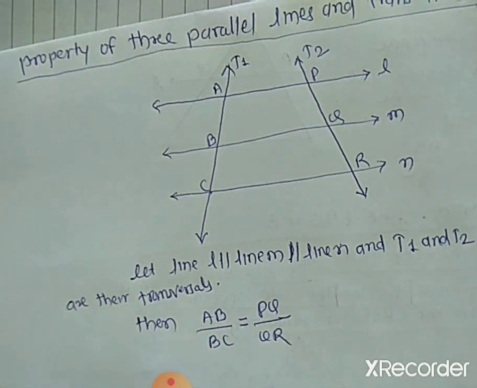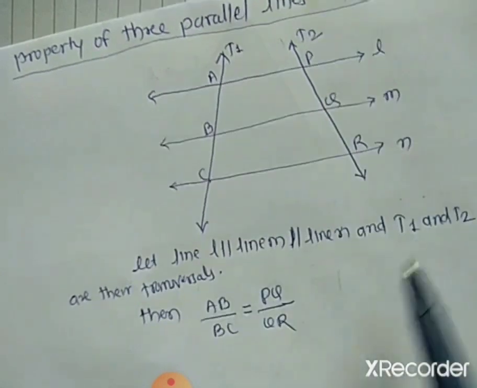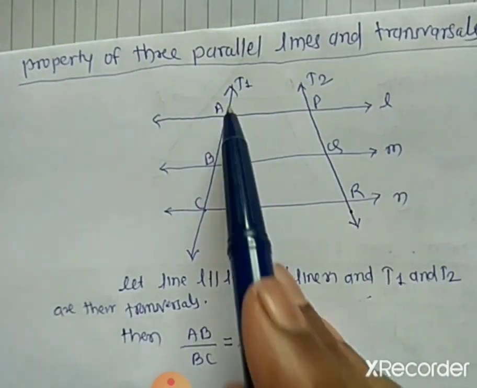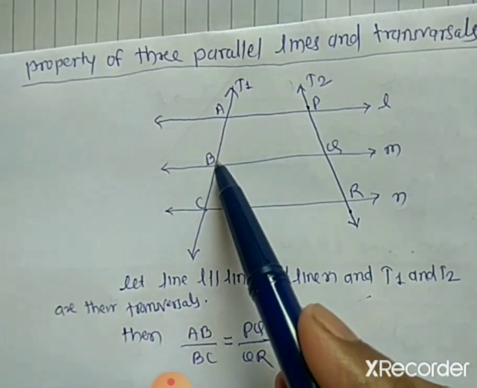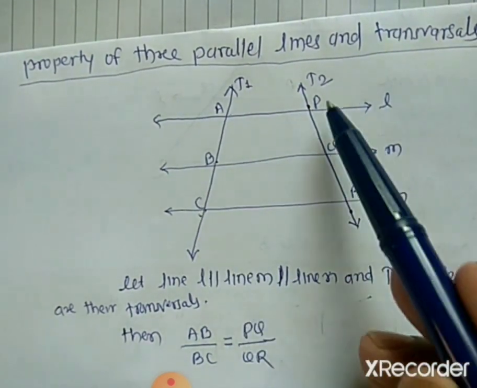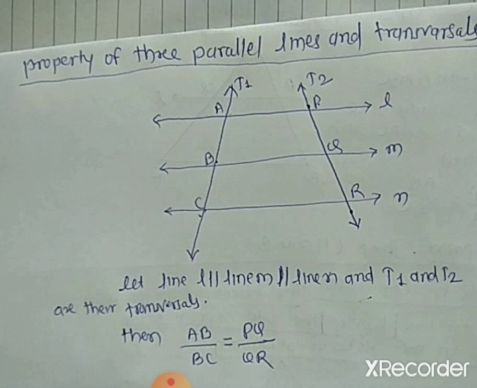We need not prove it. Only this property is useful to solve the examples in the paper. Let us see again, if there are three parallel lines and two transversals, then AB upon BC is equal to PQ upon QR.